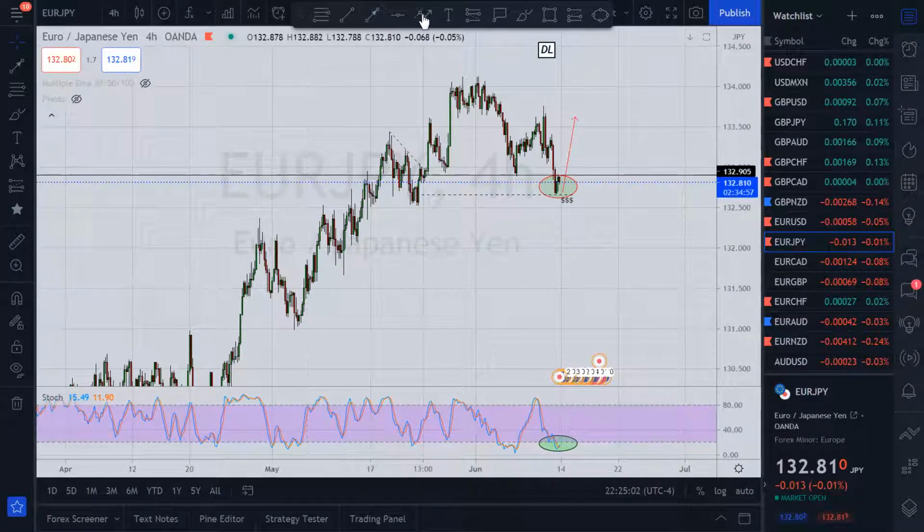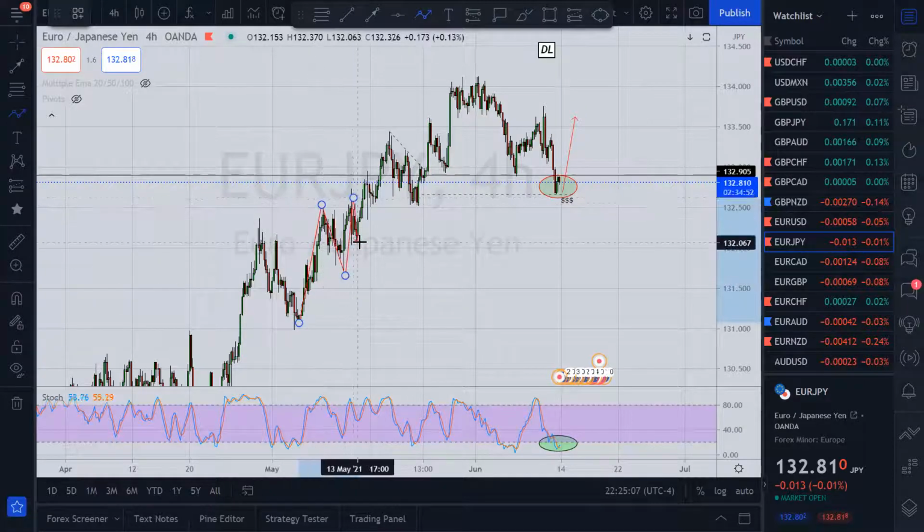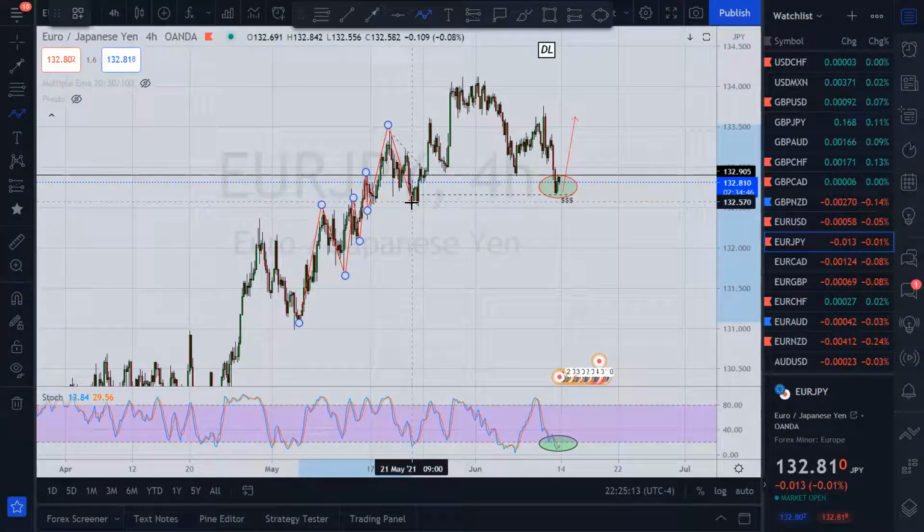Why? Because when we start talking about higher high, higher low, higher high, higher low, you start to ask yourself, where's the key area where price is pivotal? Where that higher low gets broken, then we can consider it a break of structure.